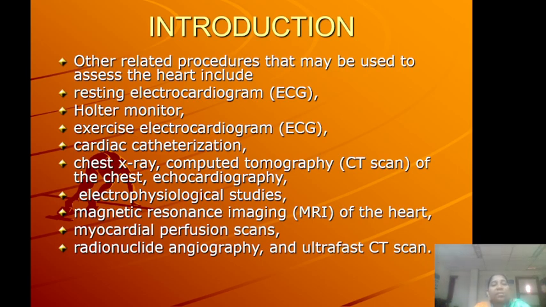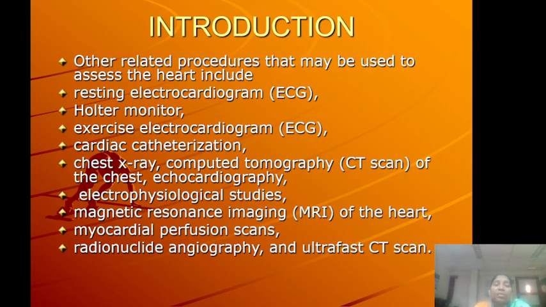Then we have exercise ECG. We place the electrodes over the chest leads, and the patient is asked to stand on a treadmill or something. While doing the exercise, we measure the ECG signal. That is called the exercise ECG. Then cardiac catheterization, during which we acquire the ECG and check it.